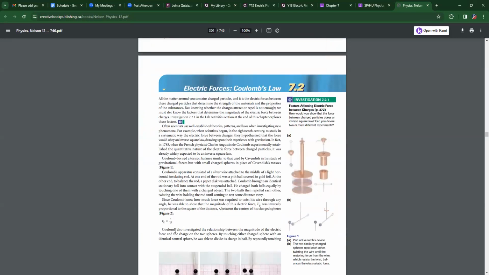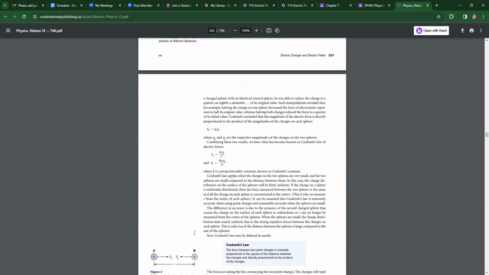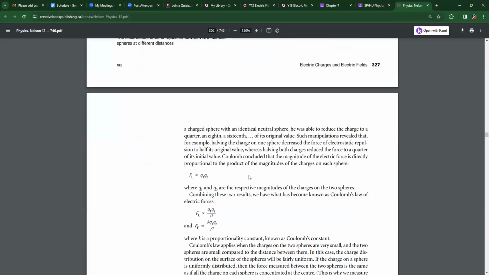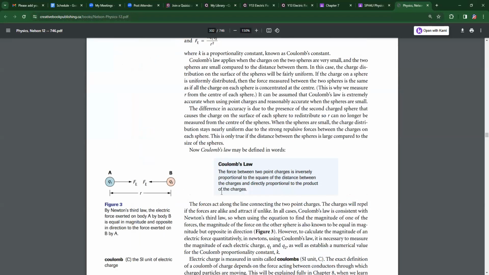Then for electric forces, you need to have an idea what Coulomb's law is. Between charges, forces exist, and to calculate electrical force, you're using the Coulomb's law formula. The force between 2 point charges is inversely proportional to the square of the distance between the charges.